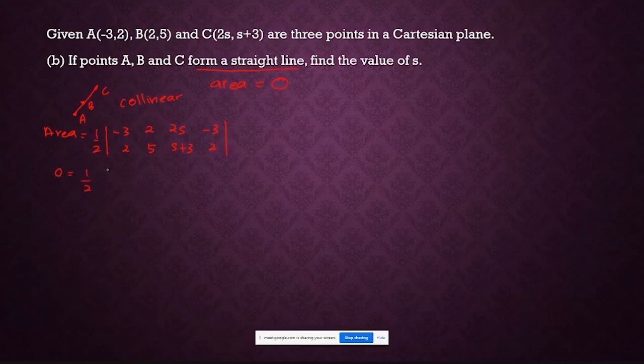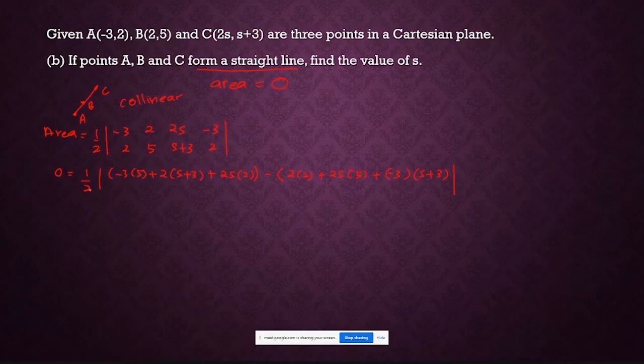First part: -3 times 5, plus 2 times (s + 3), plus 2s times 2, minus the second part: 2 times 2, plus 2s times 5, plus -3 times (s + 3).